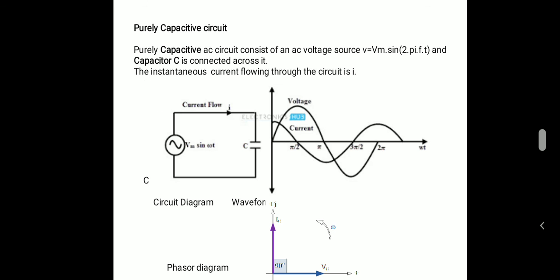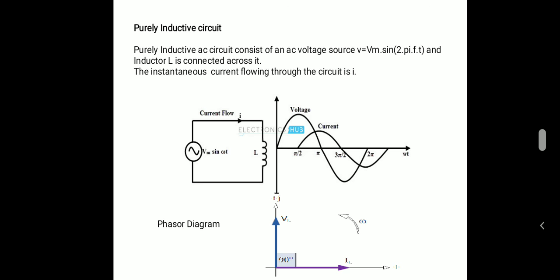But the phase difference between voltage and current is 90 degrees, so theta is 90 degrees. Hence cos 90 is 0, and the power consumed by the inductor is also 0. So P is equal to 0. Energy in a purely inductive circuit: energy is power into time. As the power is 0, energy is also 0. So in a purely inductive circuit, energy consumption is also 0.